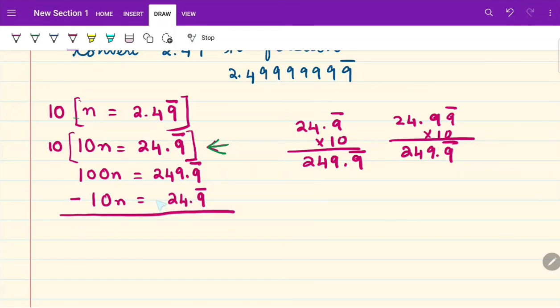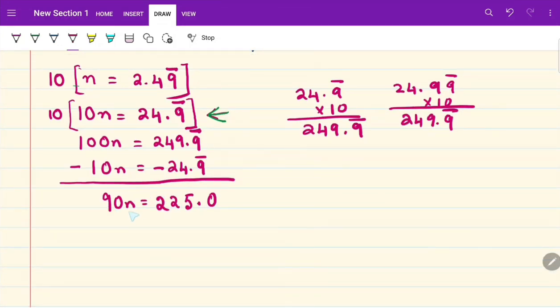Now we go and subtract. So 100n minus 10n is 90n, and 249.9 bar minus 24.9 bar is going to be 0, and then 9 minus 4 is a 5. 4 minus 2 is a 2, so 225, correct?